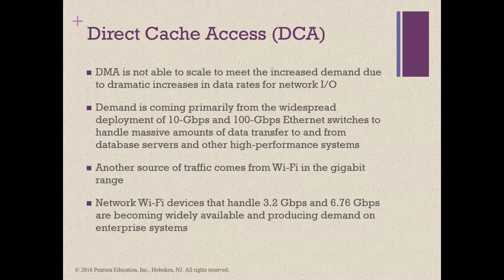For obvious reasons, some of us are sending more data, even with video and so on. Now, network Wi-Fi devices that handle, say, 3.2 gigabits per second and 6.76 gigabits per second are becoming widely available and producing demand on enterprise systems.